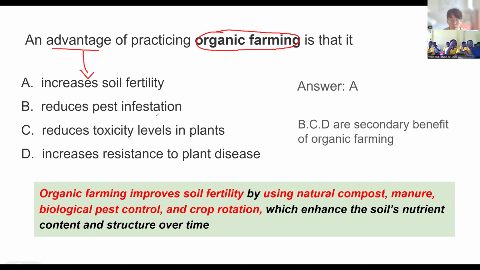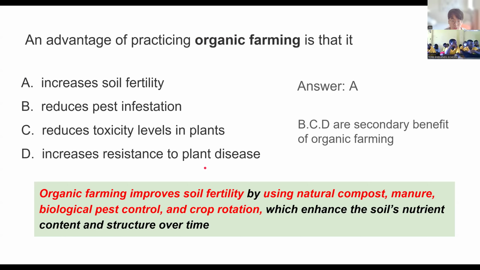It's not the most advantageous effect of doing organic farming. If you look at C, reducing toxicity level is also a secondary benefit. And D, increasing resistance to plant disease is also a secondary benefit of organic farming. So the best answer here is A.